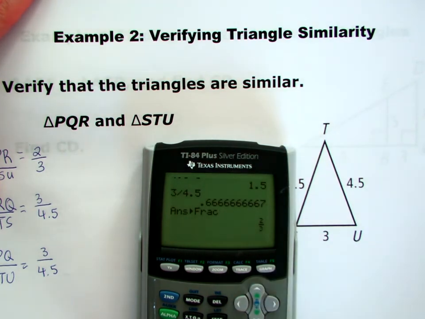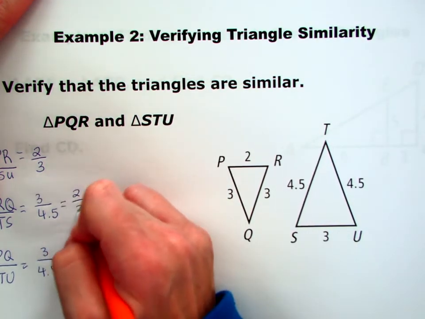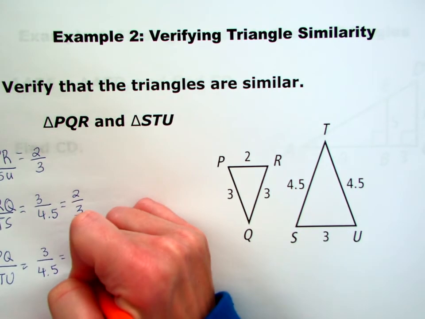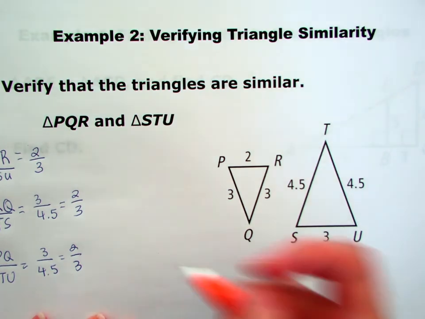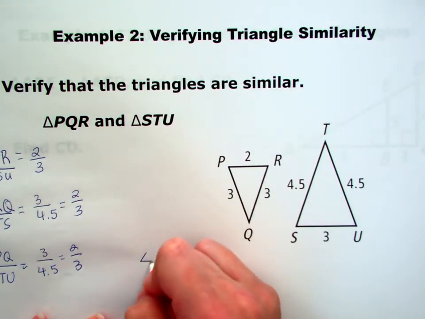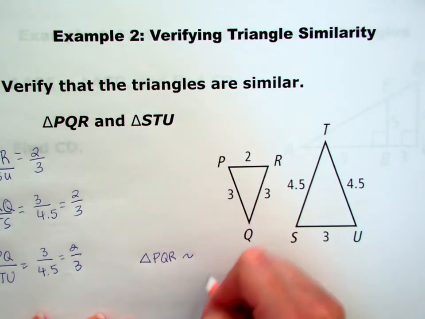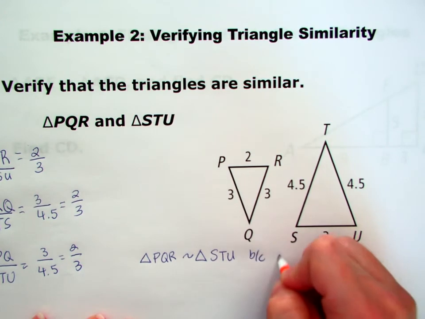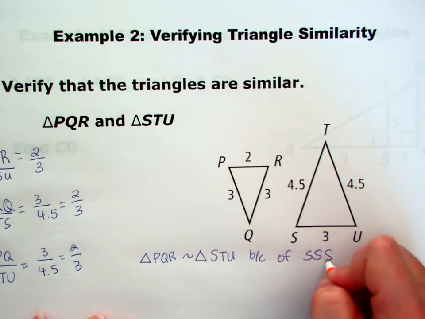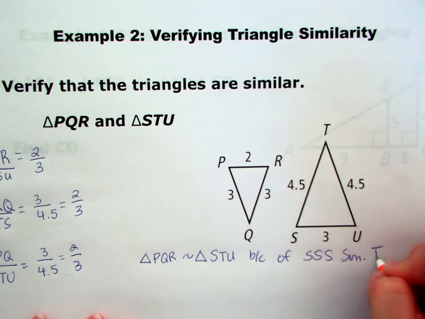You'll see that it creates the fraction 2/3. So this is equal to 2 over 3, and this is equal to 2 over 3. If you'll notice, all of these sides have the same ratio of proportion, so they're proportional. So I can say that triangle PQR is similar to triangle STU because of the side-side-side similarity theorem.